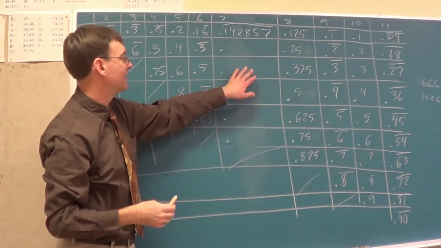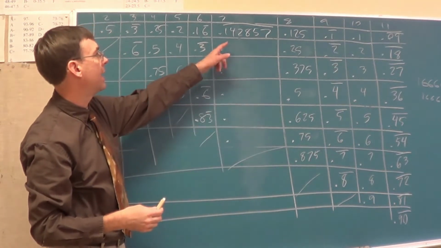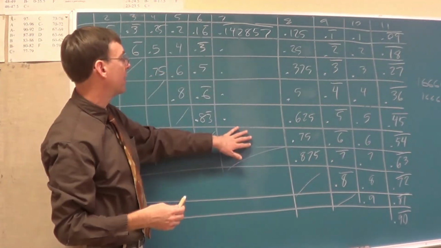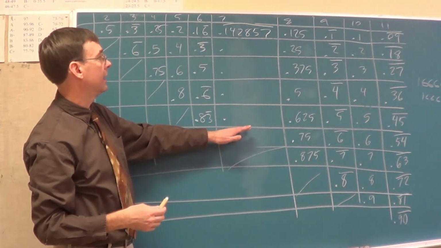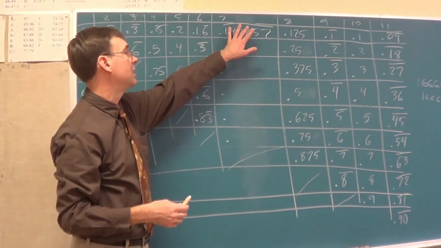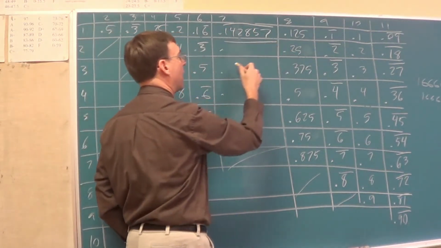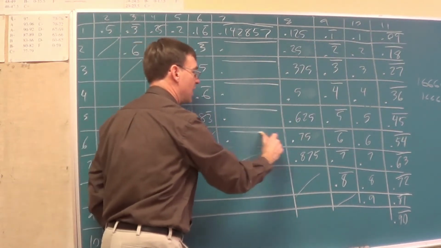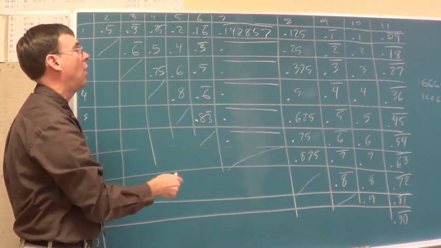I am never going to write 3, 6, 9, or 0. I'm only going to use these 6 digits. Every one of these is going to be a long 6-digit repeat. They just need to grow as we go down the column.